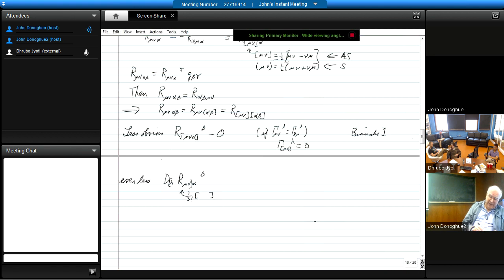So a lot of combinations there. If I antisymmetrize that, that's equal to 0. There's a lot of algebra to prove that. Leave it. That's another Bianchi identity.